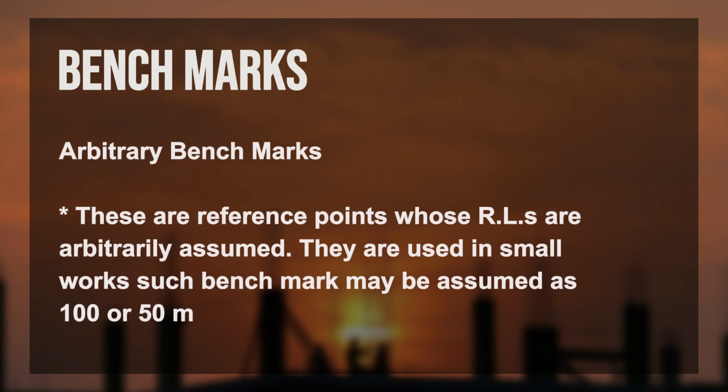These are used in small works, because if a work is not of permanent nature or not of much importance, then just to establish and transfer the level or set up the level, arbitrary benchmarks can be set up. Such benchmarks may be assumed as 100 meter, 50 meter or any such value. So, an arbitrary value is given to a point of benchmark.